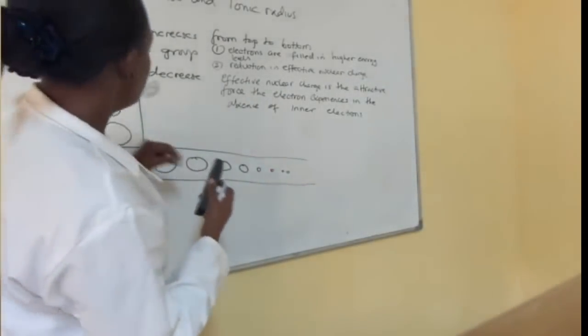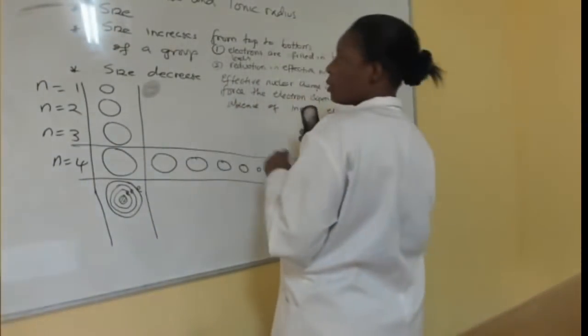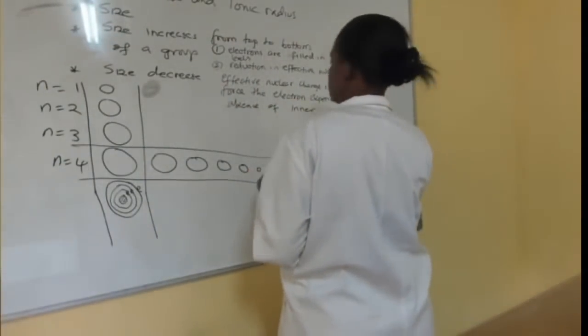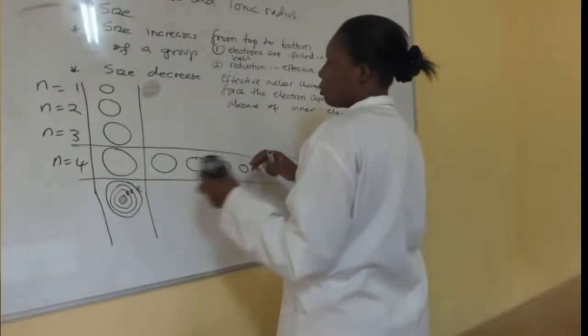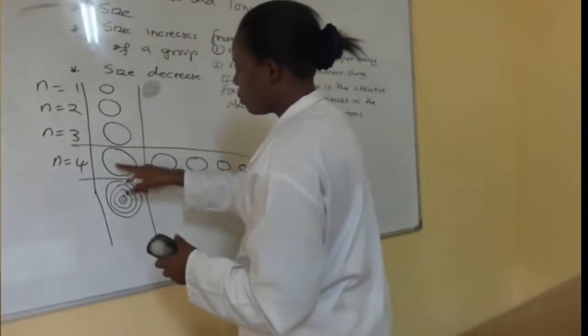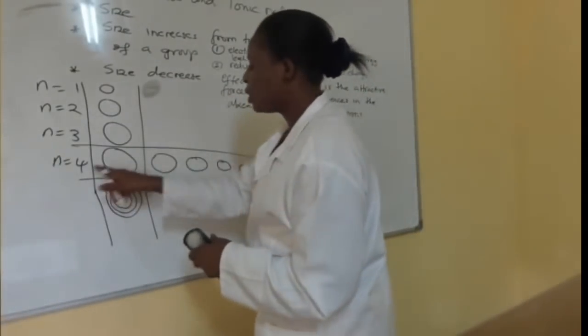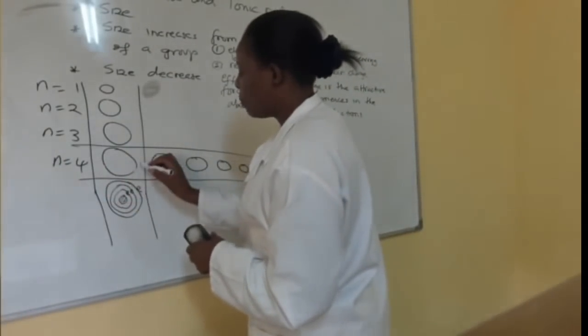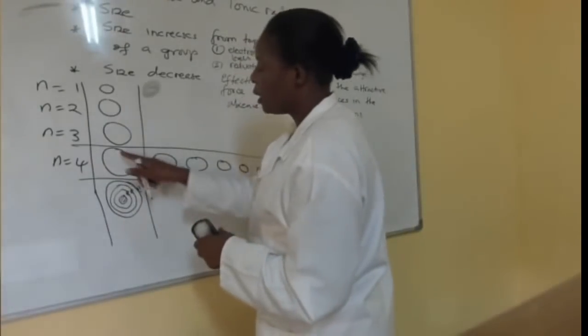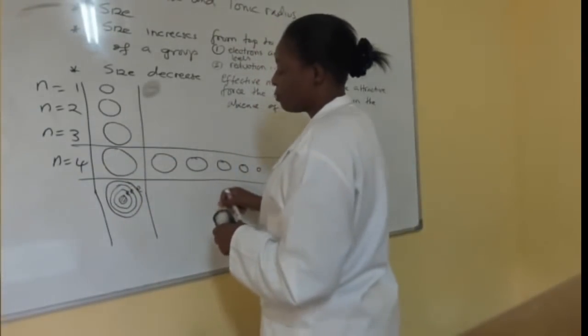So this is on atomic size and atomic radius. From left to right, size decreases. Why? Because here we're filling electrons in the same energy level.